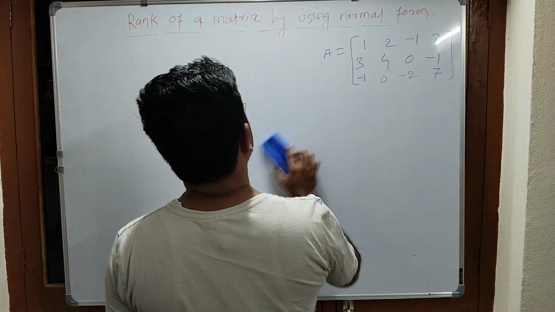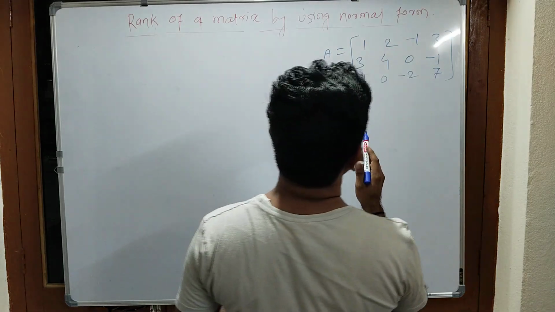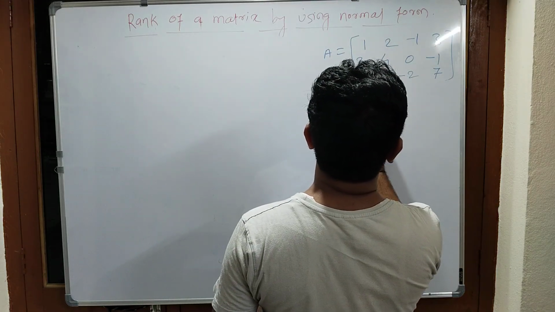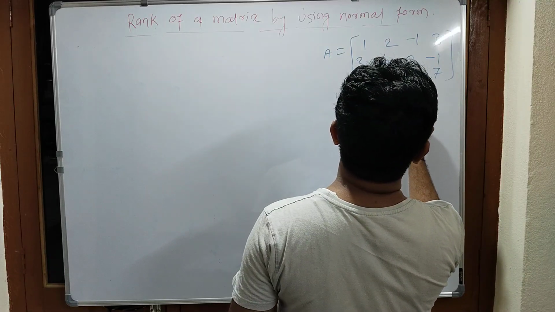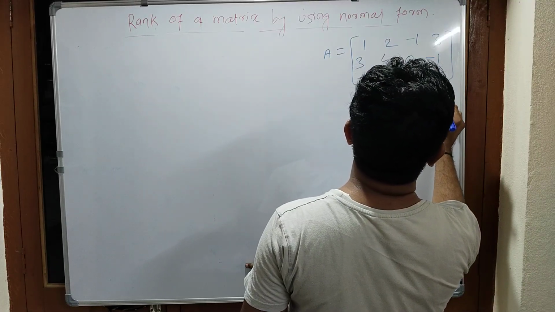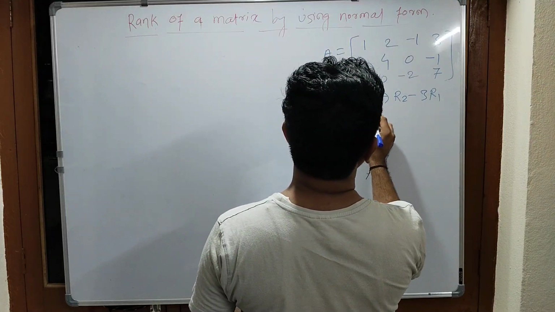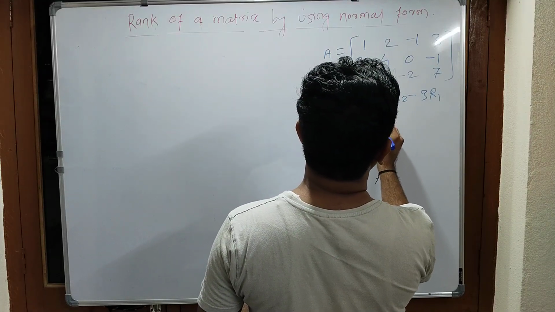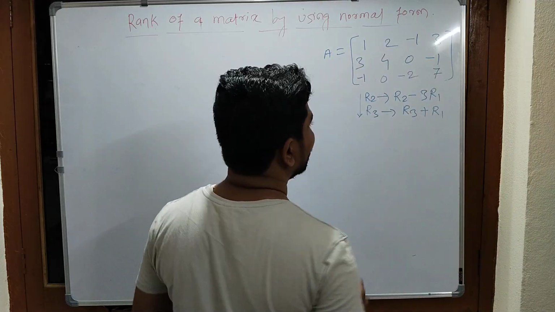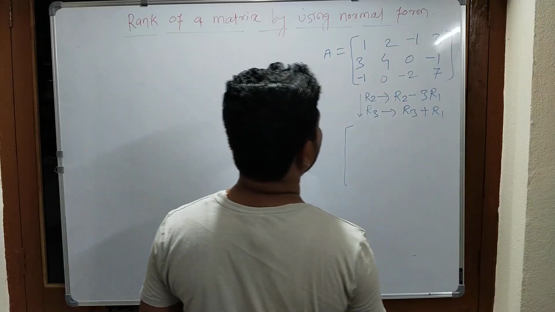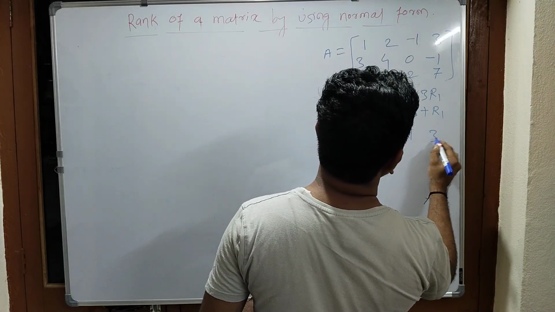Here I am applying the elementary row operation R2 changes to R2 minus 3 times R1, so that this 3 becomes 0. And R3 changes to R3 plus R1. So I get the resultant matrix: first row is as it is, 1 2 minus 1 3.